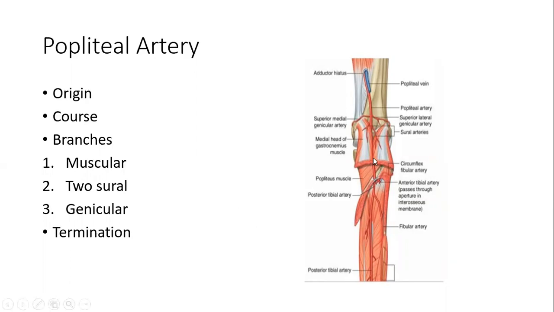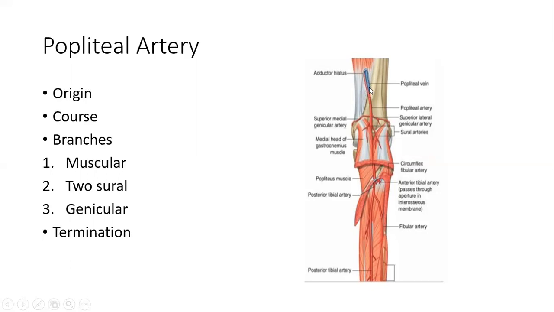The course of the popliteal artery is that it enters the popliteal fossa along the medial side of the femur, where it lies deep but also medial to the sciatic nerve. So here is the sciatic nerve, and the medialmost and deepest structure in the popliteal fossa is the popliteal artery.